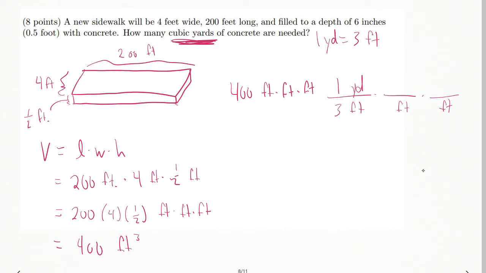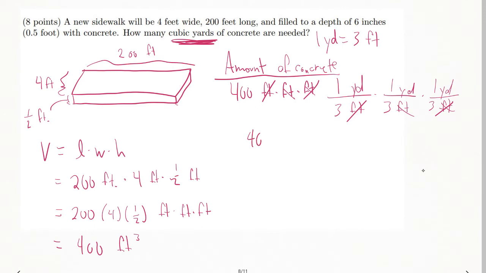So 1 yard equals 3 feet. And I should label, this is the amount of concrete. So now, if you do this, you'll cross off the feet, and you're left with yards.